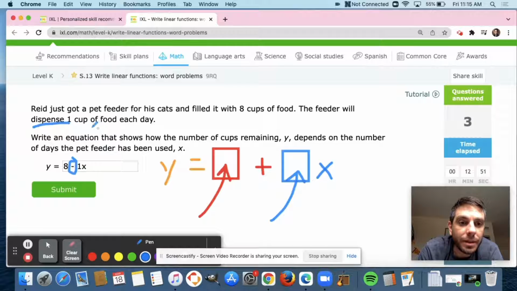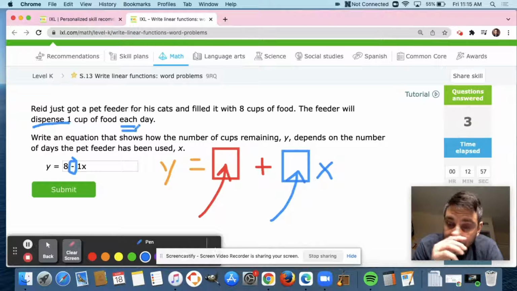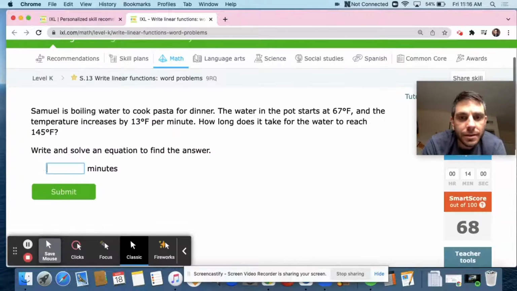When you're identifying your rate words or your rate numbers, look for words that can help you as a clue, like the words each or per. 1 cup of food each day, so 1 is a rate number. And there we go. Okay, this looks like a good one.